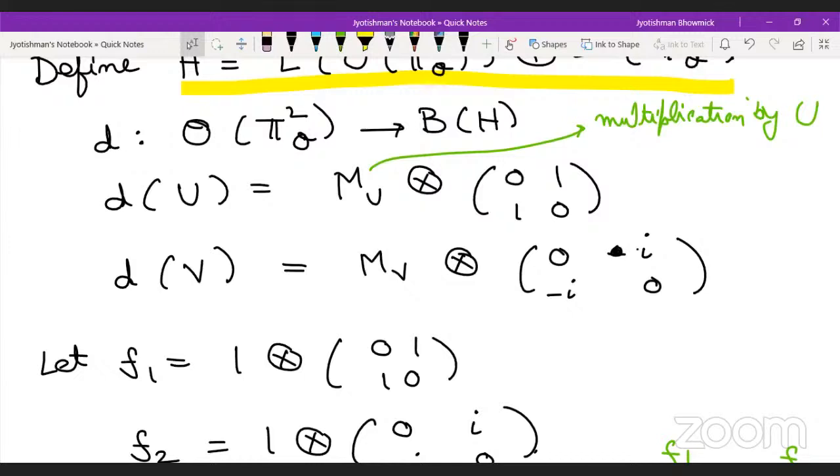Slightly puzzled. You have 0, 1, 1, 0, and 0, i, minus i, 0. There is this dropping of the symmetry between Q and B. Actually these are not exactly Pauli matrices: 0, 1, -1, 0.